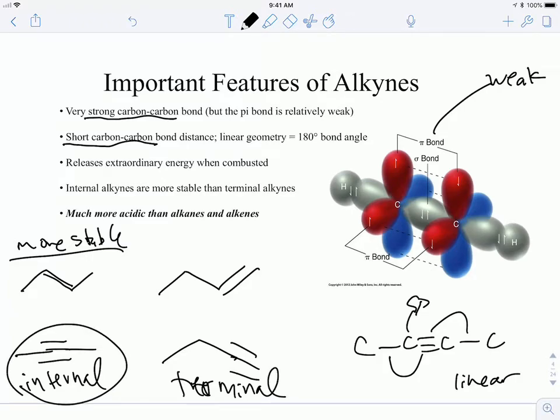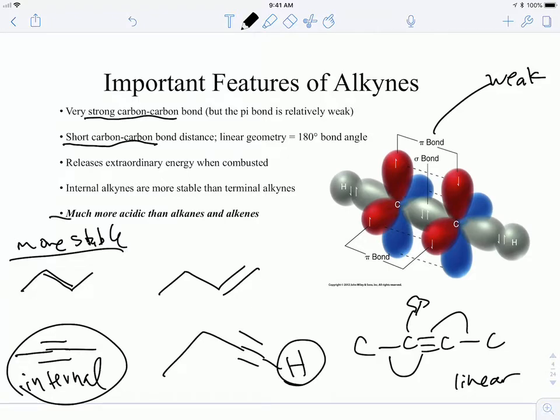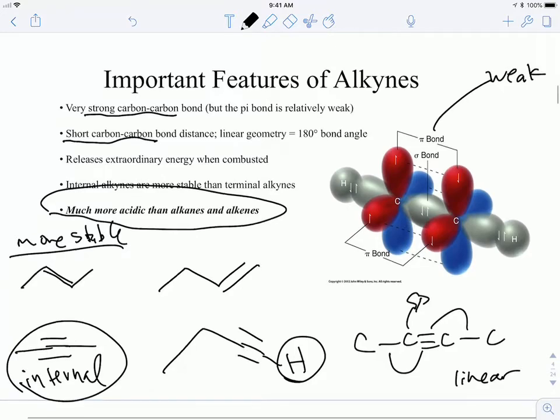The most important thing is that if you have a terminal alkyne, it's going to have a CH bond on the end, and that is extremely acidic, much more so than any CH bond in an alkene or an alkane.